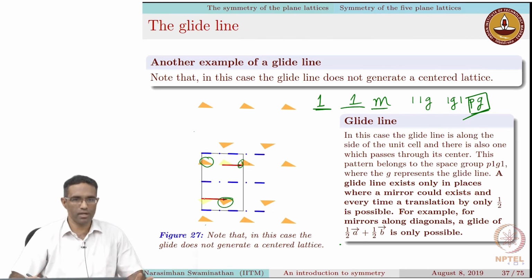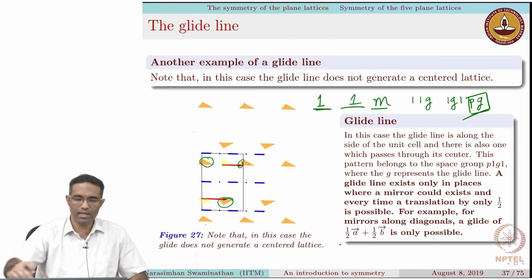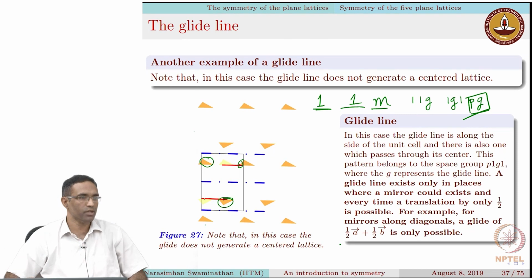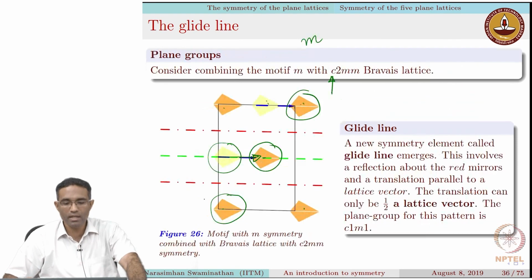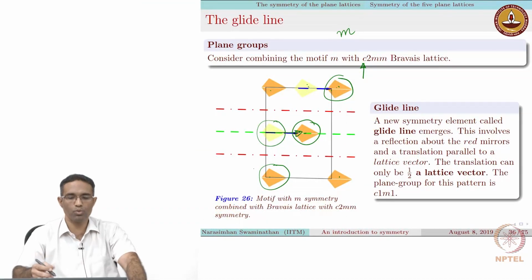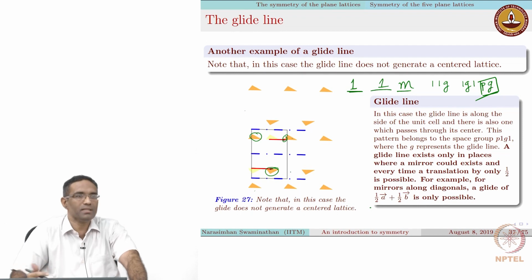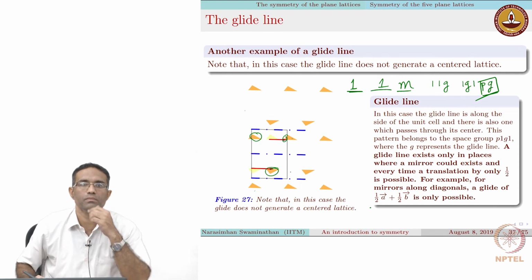That is very important, right? It has to. Simply by translating it in the x and the y direction, I should be able to generate the entire structure. What I am trying to get at is, it is not necessary for the glide reflections to always produce something at the center. It can look something like this as well, is what I am trying to emphasize. Is that clear? Yeah.